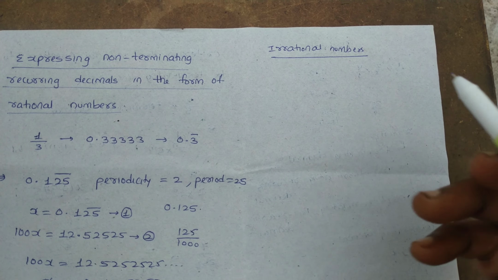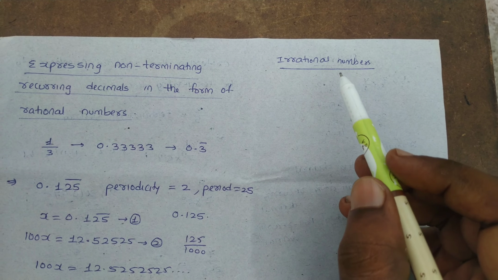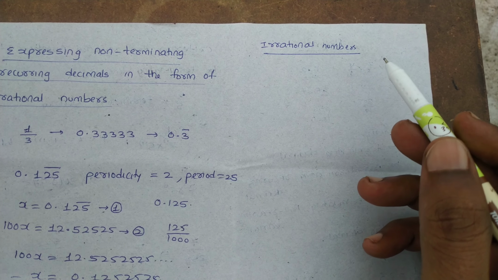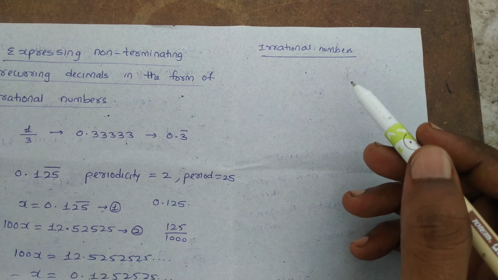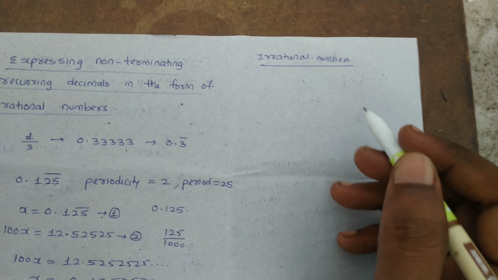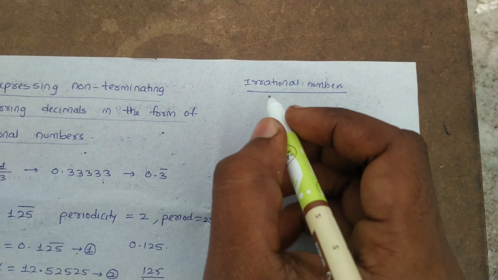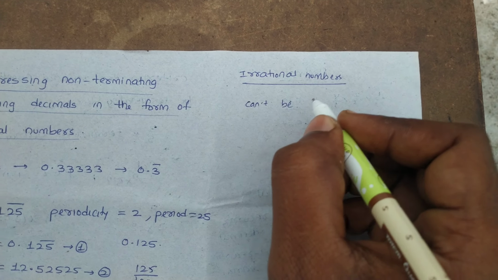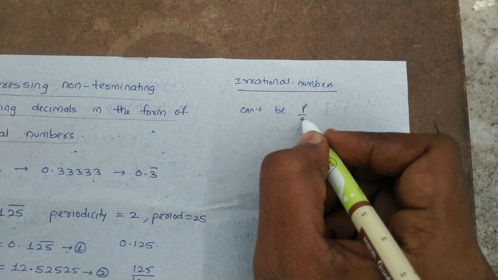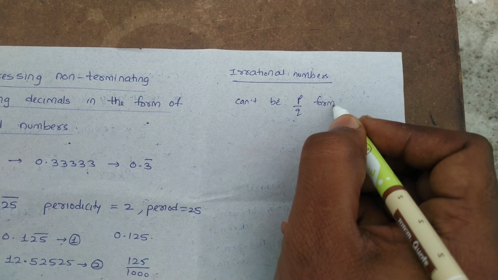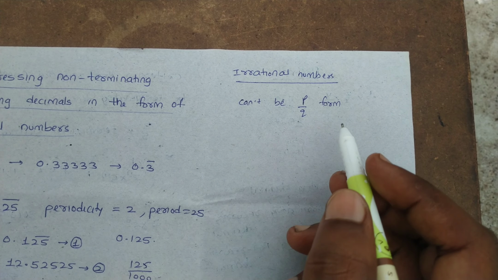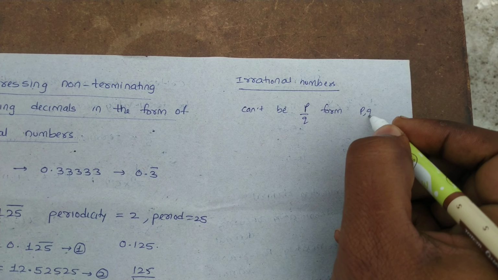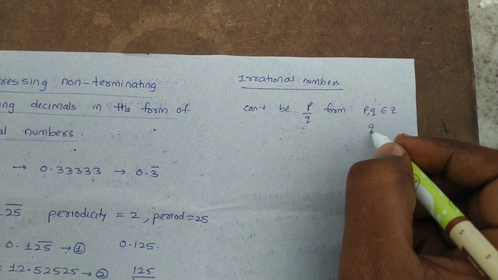Now we will move into a topic called irrational numbers. An irrational number is nothing but a number which cannot be expressed in p by q form, where p and q belong to integers, p and q should be integers and q not equal to 0.